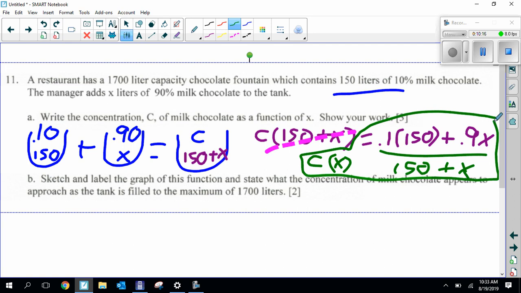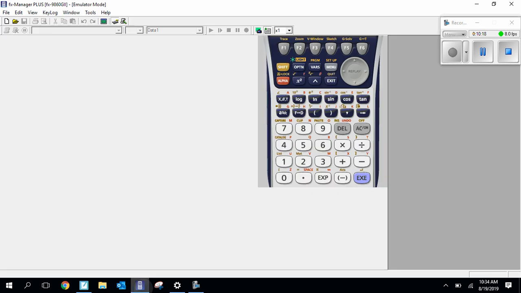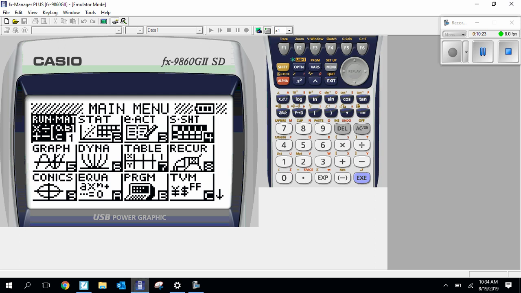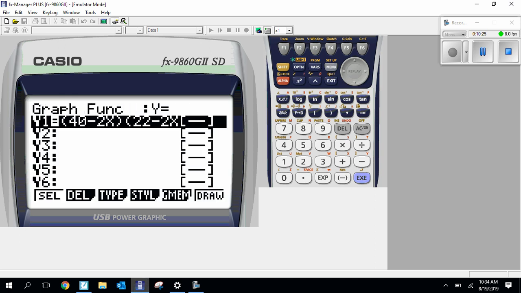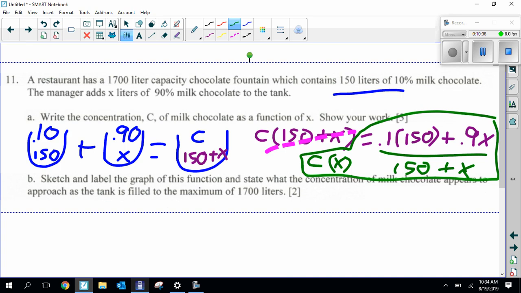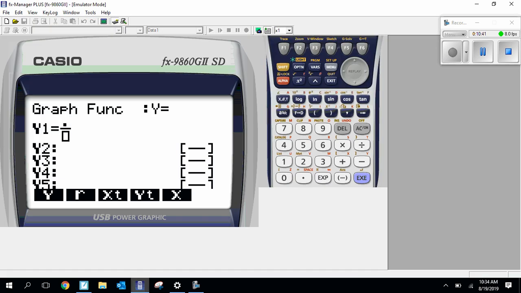and we'll graph that. We're going to type that into our calculator. So back to our graph. This calculator makes it a little bit easier because it actually does fractions. 0.1 times 150 plus 0.9x.